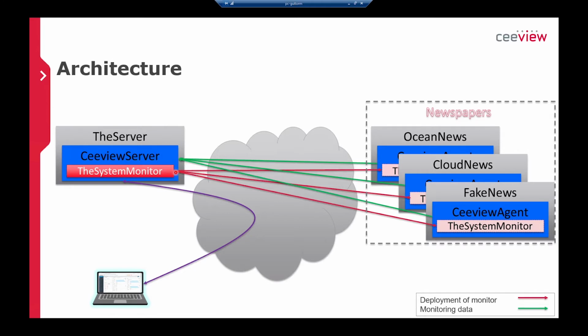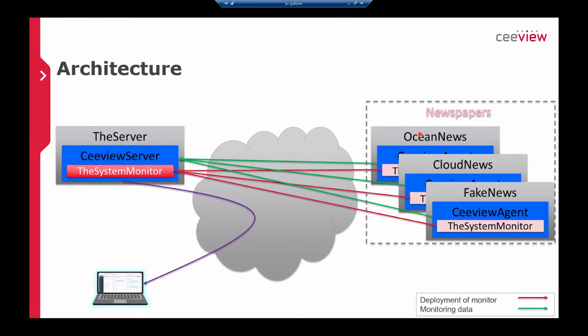This is illustrated by the red lines here. The system monitor exists on the Ceeview server, and it is configured to target a group of servers called newspapers. And when we save the monitor, it will automatically be deployed to all members of that group.